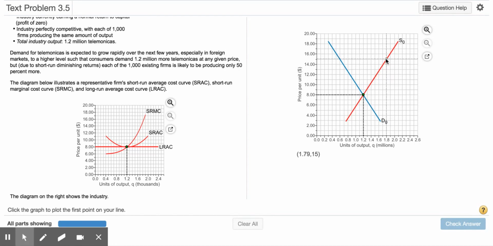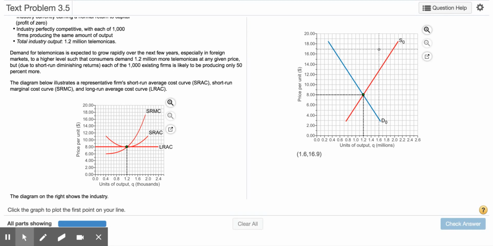So at this price, 1.8 is right here. And if we take this price of 17, maybe the quantity is 0.4. 0.4 plus 1.2 is 1.6.